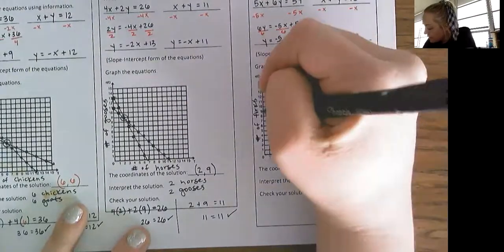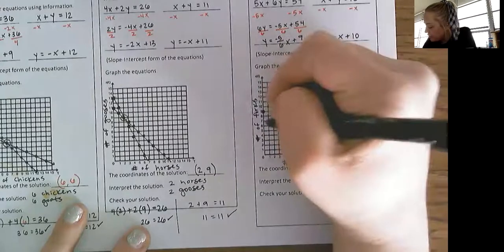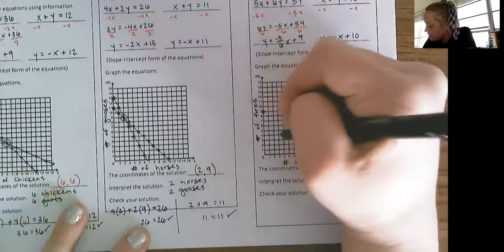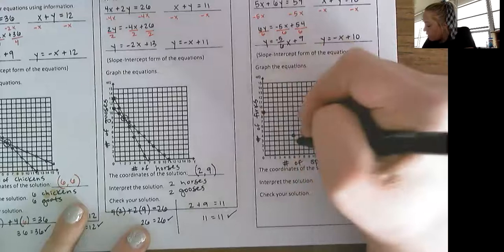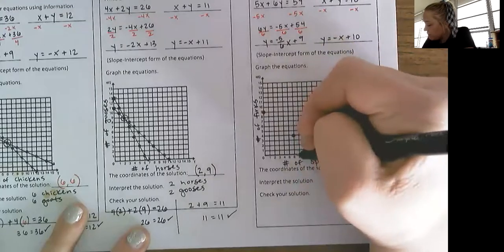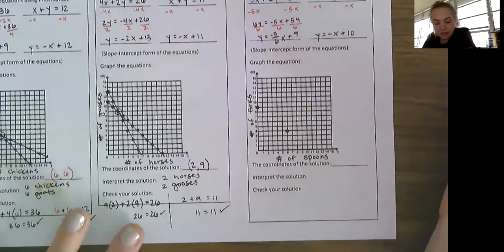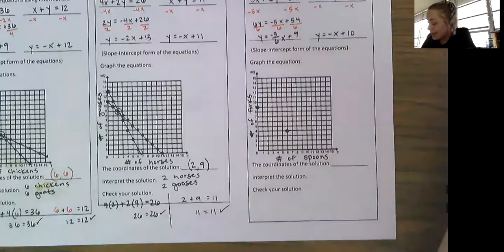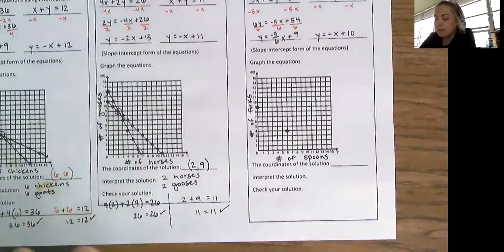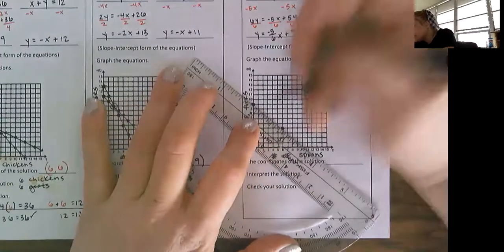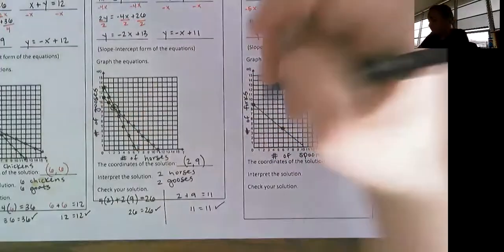So I start with my first dot at positive 9. I go down 5 and to the right 6. Then down 5, right 6 again. I can't actually do it a second time. So hopefully it crosses at either this point or this point. I have a feeling it's going to be the second one. Okay, let's connect these dots.